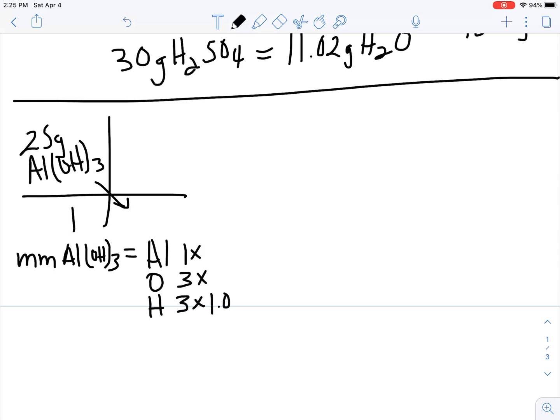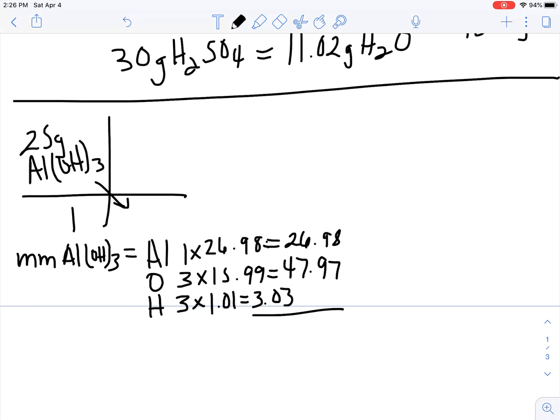We know hydrogen is 1.01, which gives us 3.03. Oxygen is 15.99. If we multiply 15.99 times 3, we get 47.97. And aluminum, according to the periodic table, is 26.98, and 26.98 times 1 is 26.98.